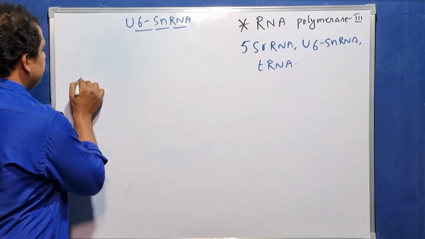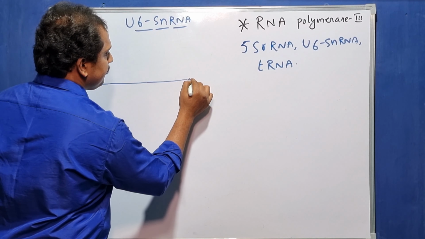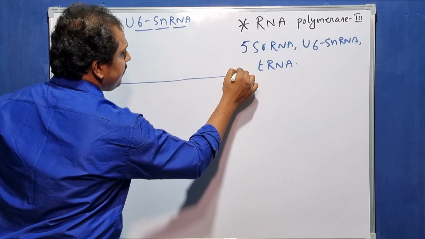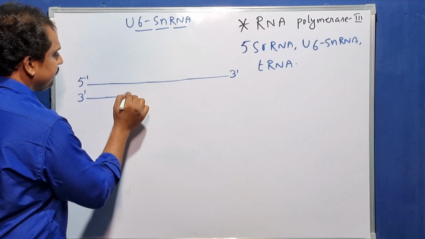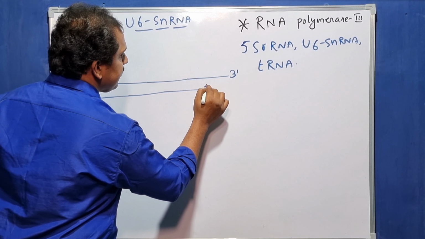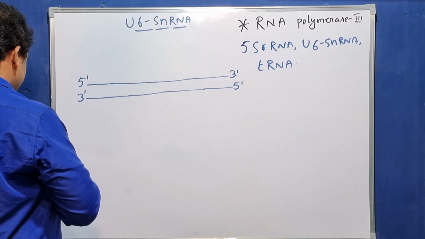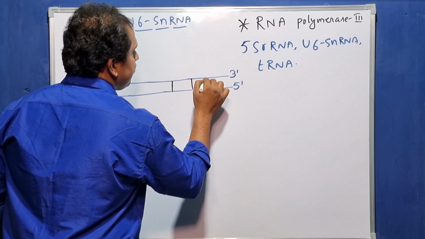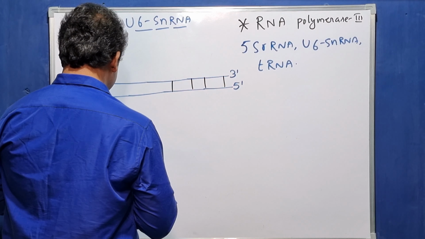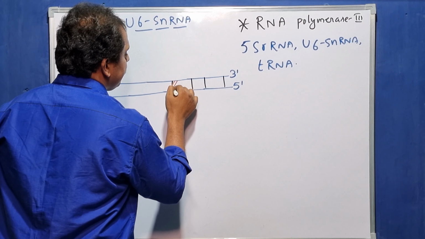So here it is the 5' end, and it is the 3' end. And again here it is the 3' end, and it is the 5' end. As I have already mentioned, it consists of two different types of elements, and these include box A and box B. And here it is the transcription start site.